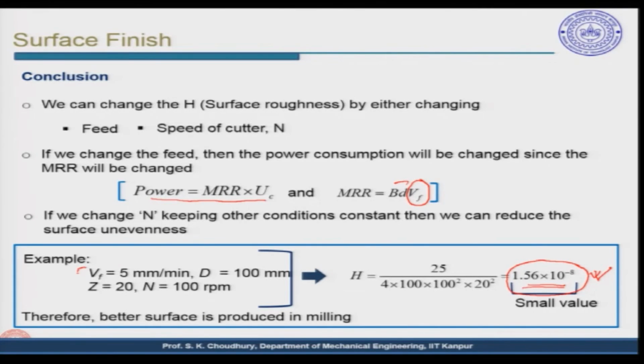You can see that in turning the roughness will be more, while in milling the surface finish is better. Because you can see that 1.56 into 10 to the power minus 8, these are very practical values, and for these values you will have a very small value of the surface roughness. This is in millimeter, because here we are taking all this in millimeter. Okay. You can convert this into micron, and you can find out that this is still very less.